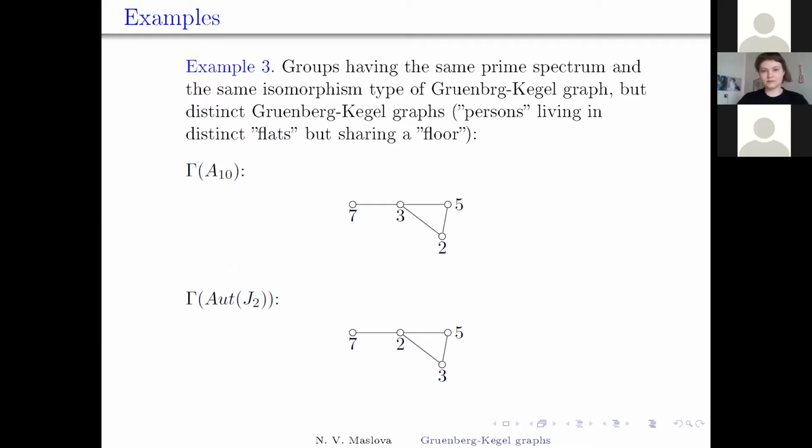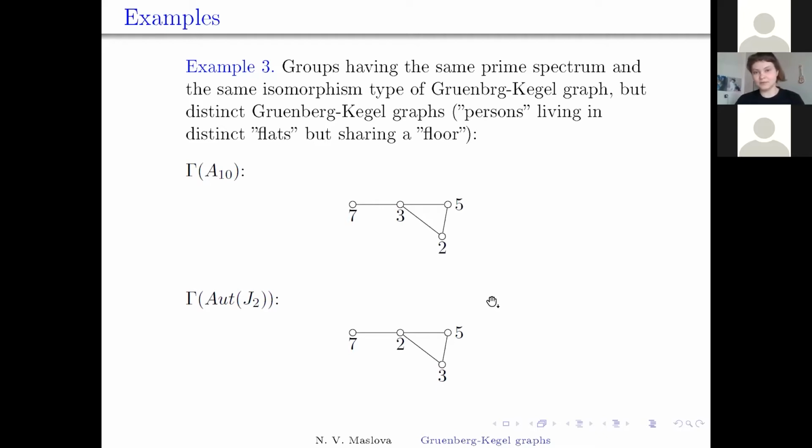And the third example is 2 persons living in distinct flats but sharing a floor. Consider 2 groups, the alternating group on 10 points and the automorphism group of the Janko simple sporadic group J2. You can see that their Gruenberg-Kegel graphs have the same isomorphism type.